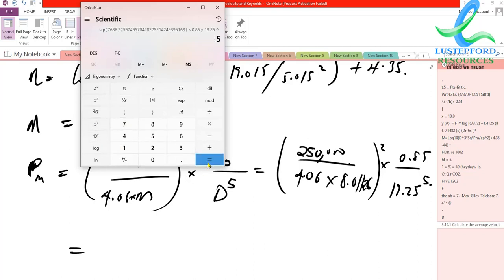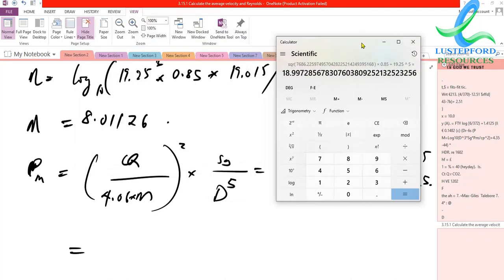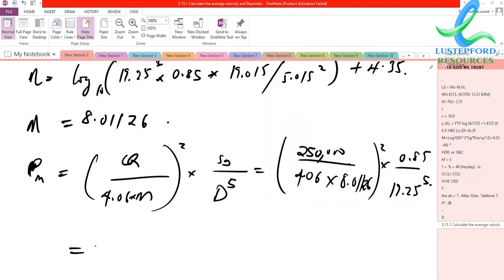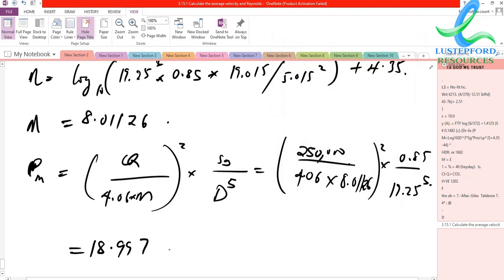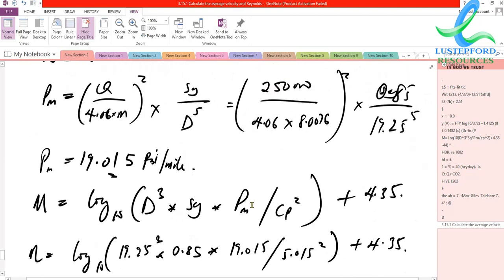Sorry, square. So you have 18. You now have 18.997 PSI. So this should be the answer now. This should be the answer.